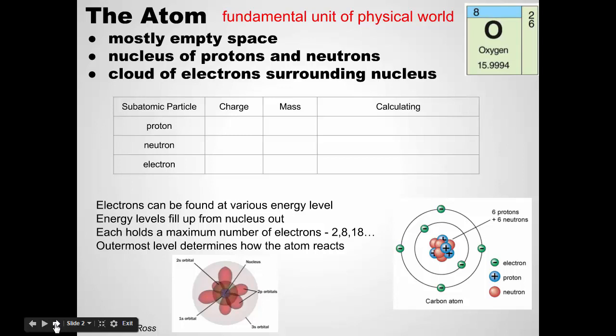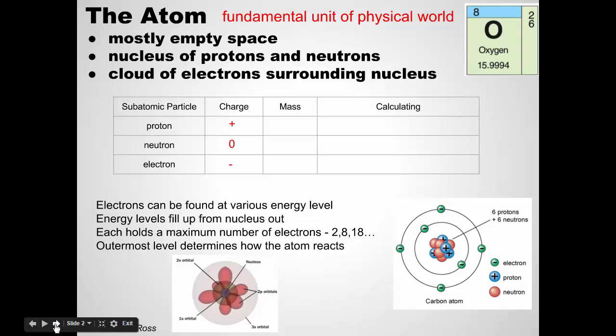A proton, found in the nucleus, is a positively charged particle. Remember its mass? 1 atomic mass unit. Neutrons have no charge; they're electrically neutral. And electrons have a negative charge.